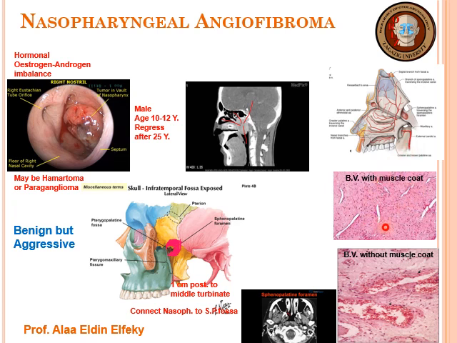Now, what is the histopathology? There are two types of blood vessels in a stroma of fibrous tissue. This is fibrous tissue with blood vessels and muscle cord. And this is fibrous tissue with blood vessels which are deficient or with no muscle cord as we see here.